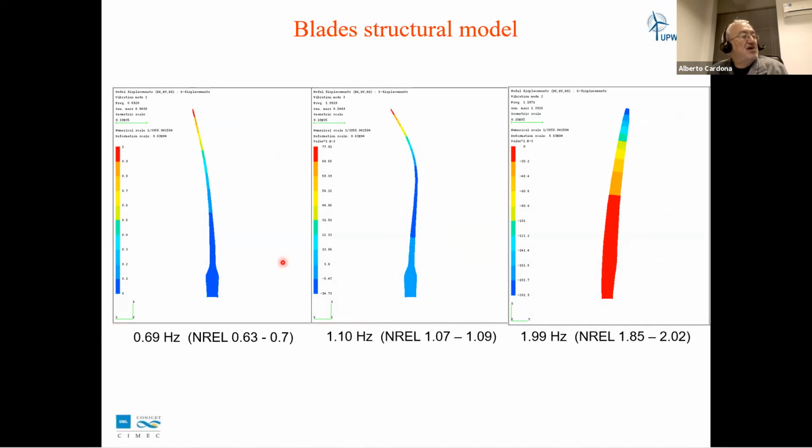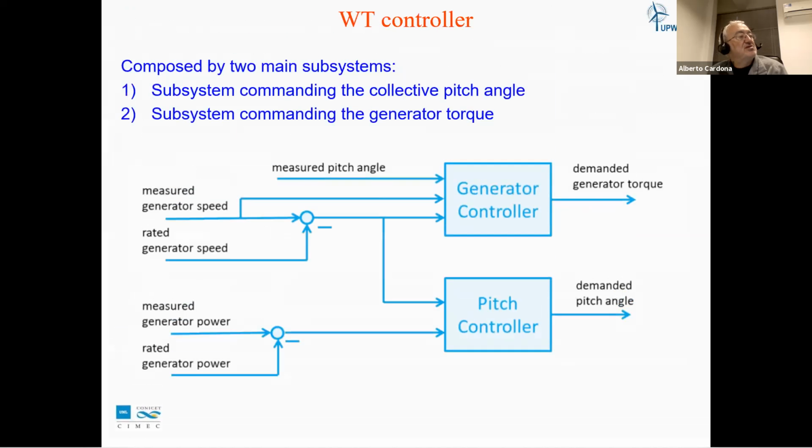The blades have been verified, their structural properties, by computing the modes when attached to the base. And we verify we are obtaining the correct frequencies, so that both the inertia properties and the elastic resistance properties are well represented.